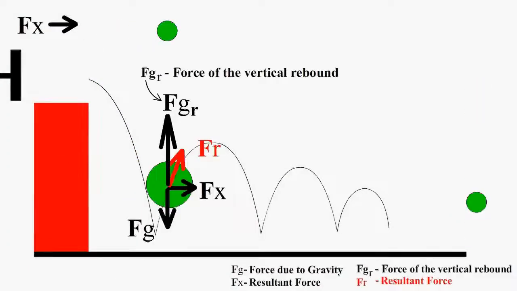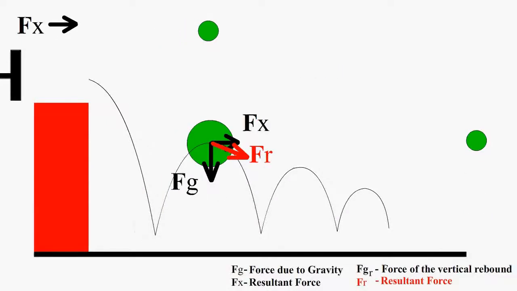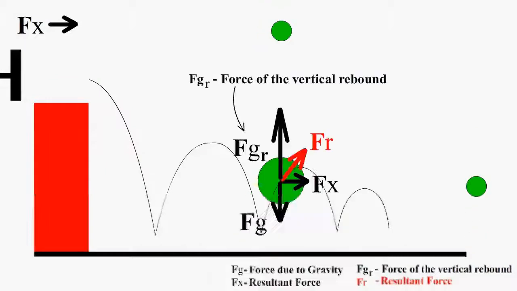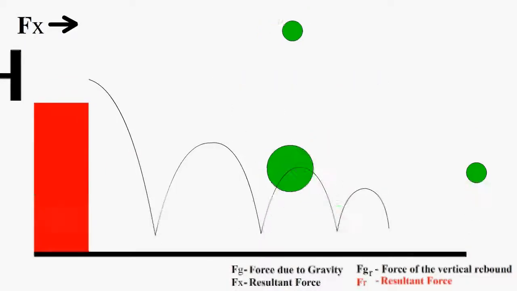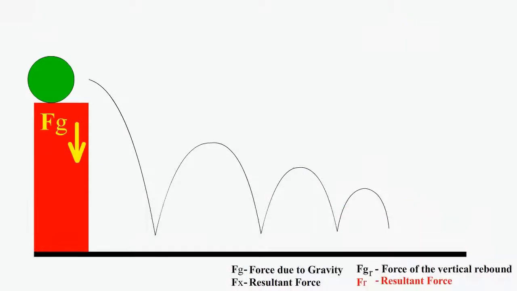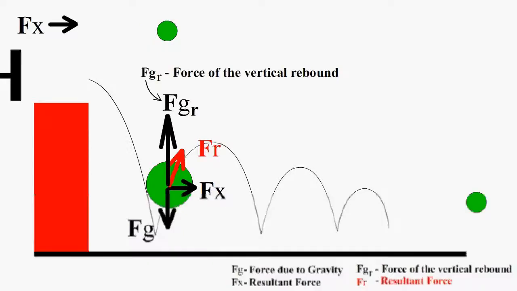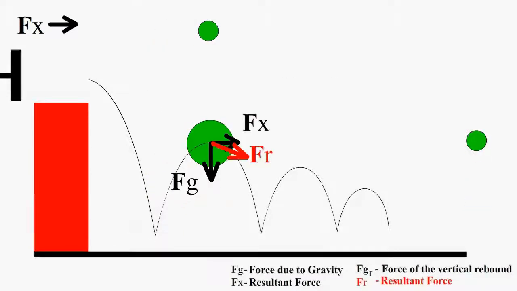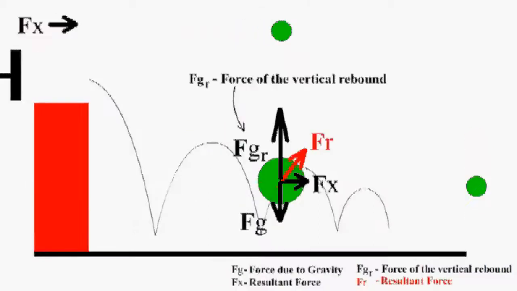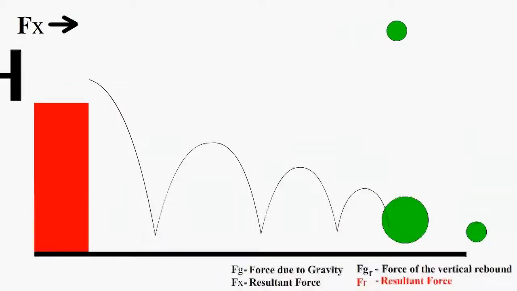So force in a particular direction is the total definition of a force, which is represented here by the red arrow, Fr. At any given point of time, in this example of the bouncy ball, 2 or maybe 3 forces are acting on it, but the resultant is Fr, shown by the red arrow.